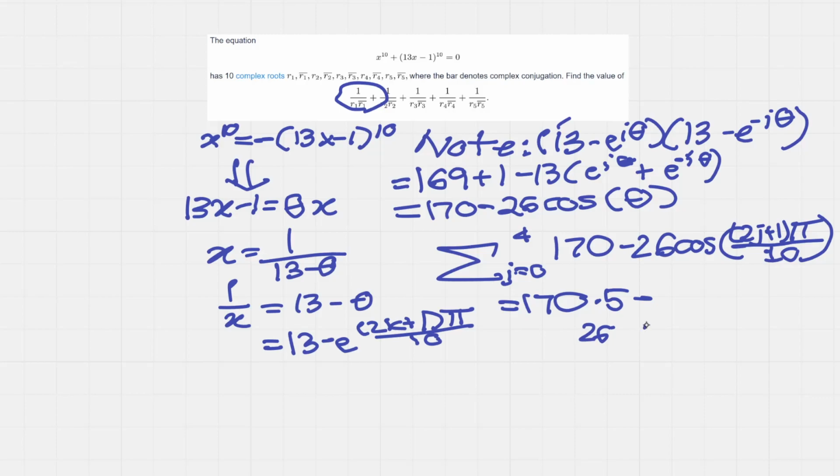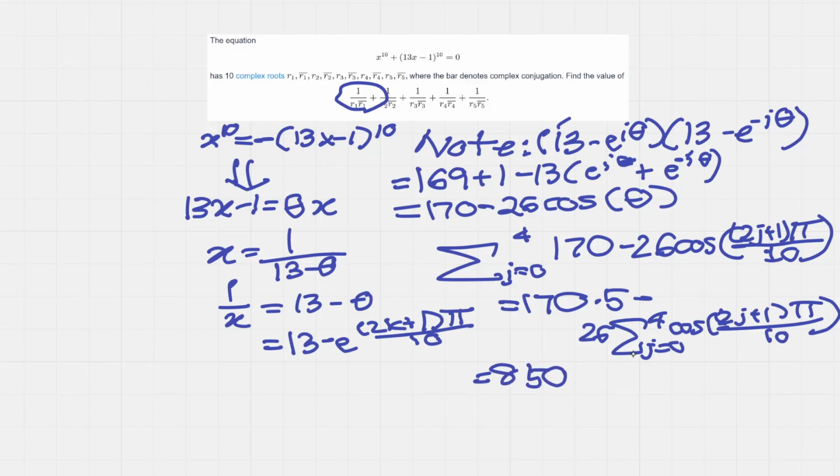Minus 26 times the sum from j equals 0 to 4 of cosine of (2j plus 1) pi divided by 10. Okay, now the first part obviously just multiplies up to 850, right?